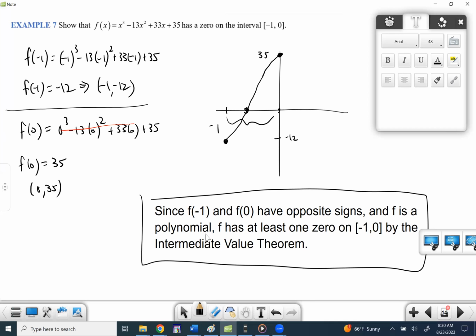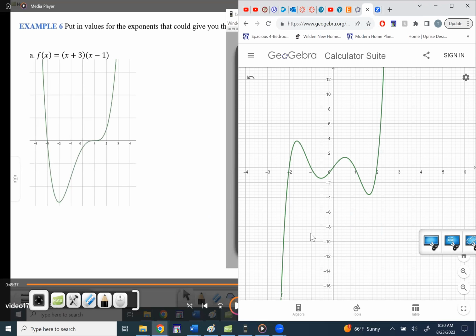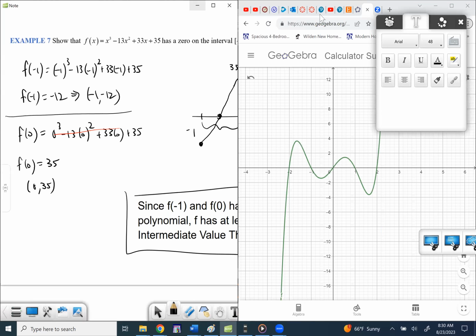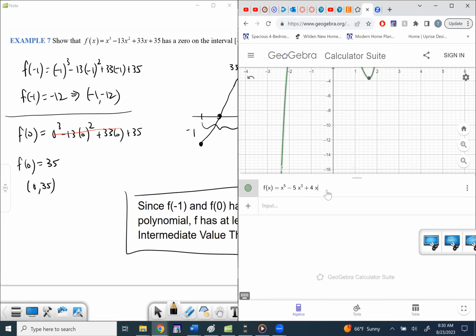Now, at least one. I'm curious what this graph looks like. Let's go check it out and see if we were right on that. Okay. So let me switch this over. Perfect. So let's put this polynomial in. It's x to the third minus 13x to the second plus 33x plus 35.